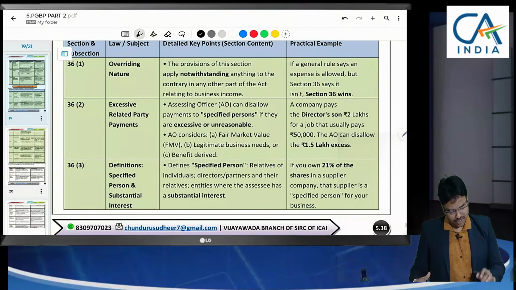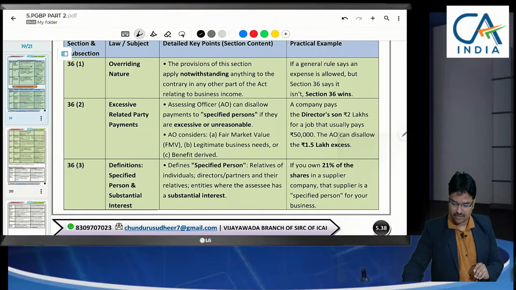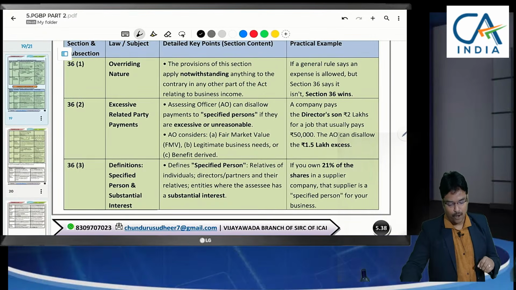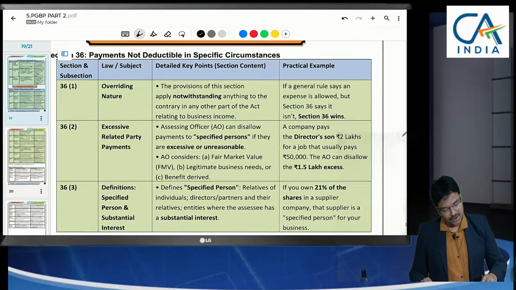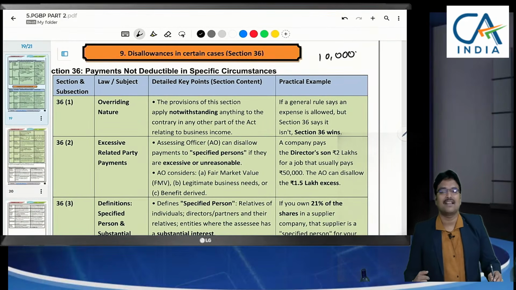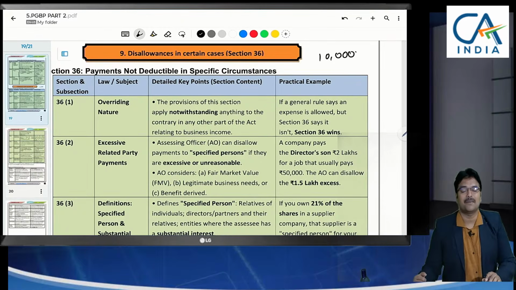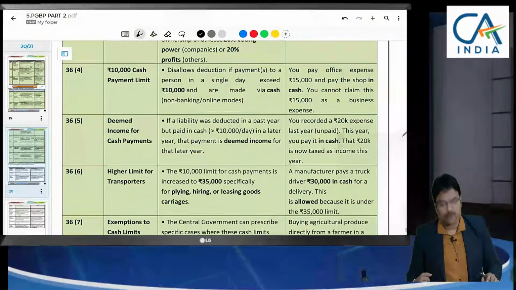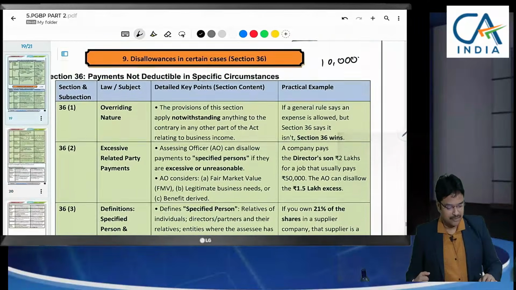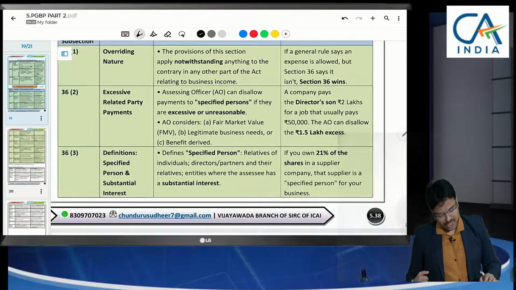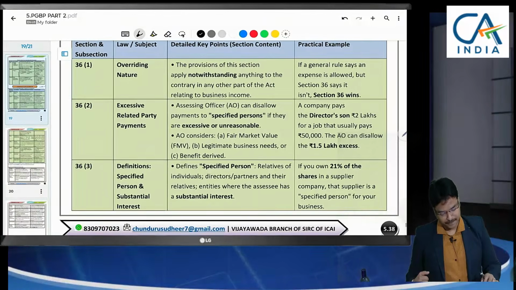Among which let us discuss one disallowance for this session, and there is one important rule, a limit of 10,000 cash rule, beyond which expense cannot be claimed, where say 10,000 payment is made in a single day. But there are some exceptions which were specified here in rule 26. So that we will discuss in next session. But now in this session, let me conclude this one special point.